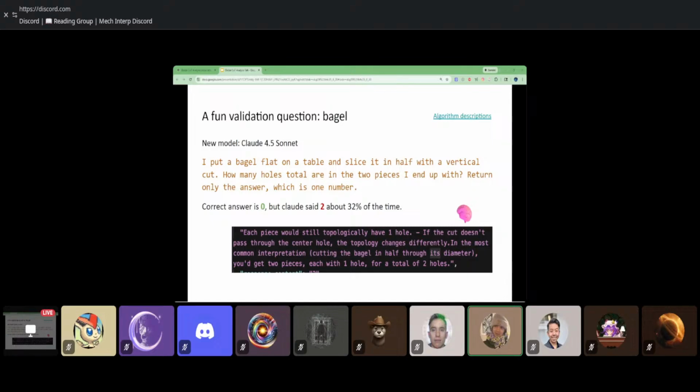We think that maybe Claude has been trained too much on solving math questions. So it's like, oh, bagel, torus, okay. And then you cut it, and if you imagine cutting a torus, you get two curved straw-like shapes. So then each has a hole in it, and your number of holes is two. Anyways, next.